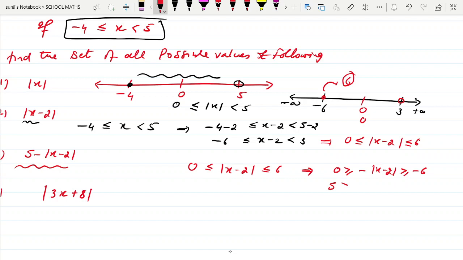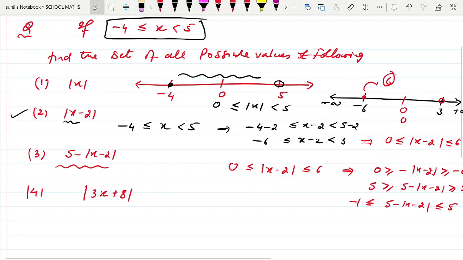So 5 minus mod x minus 2 is greater than or equal to 5 minus 6. So 5 minus mod x minus 2 is greater than or equal to minus 1 and less than or equal to 5. By using the concept sincerely, you can get the result easily.